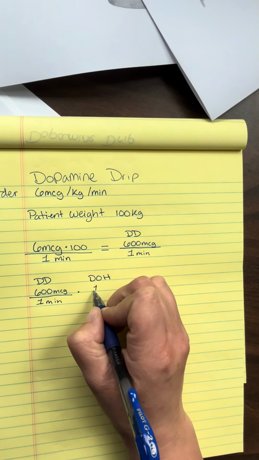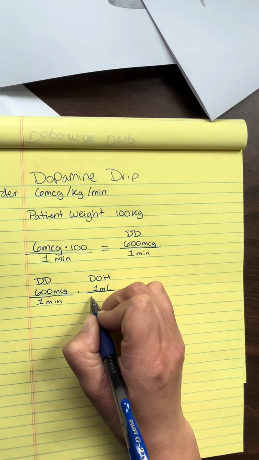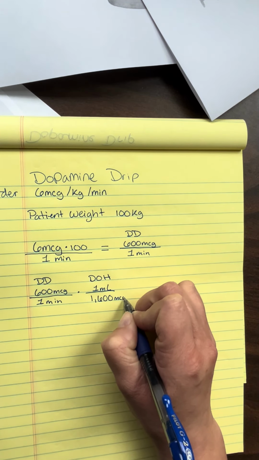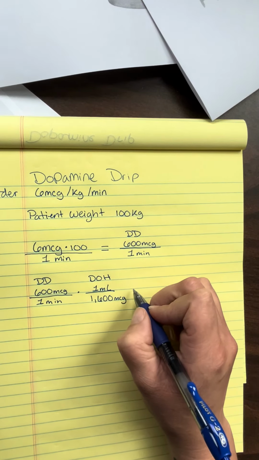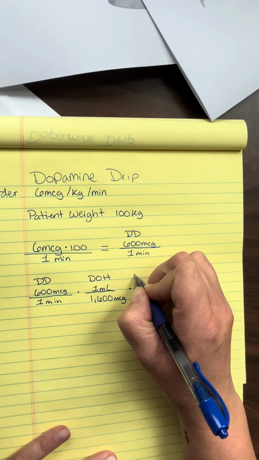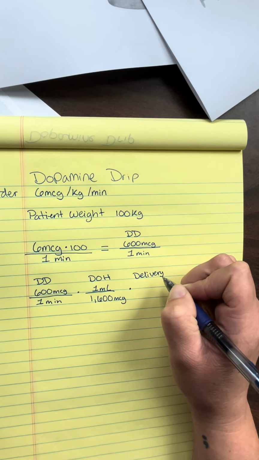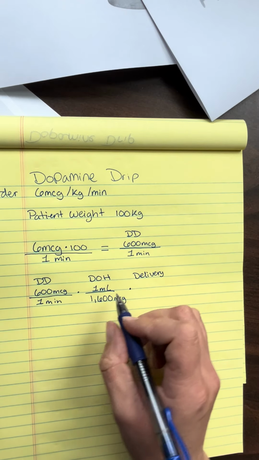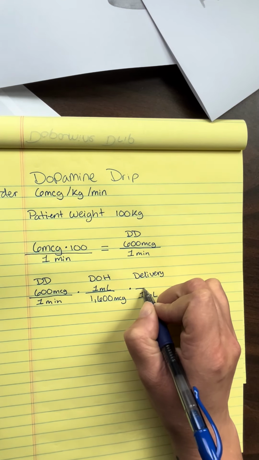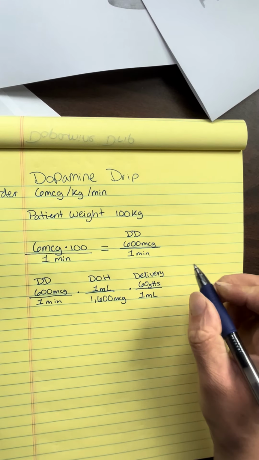So we're going to do 1 milliliter over 1600 micrograms times our delivery. And our 1 milliliter is on the top, so 1 milliliter is going to go on the bottom now, so we can cross cancel. 60 gtts.